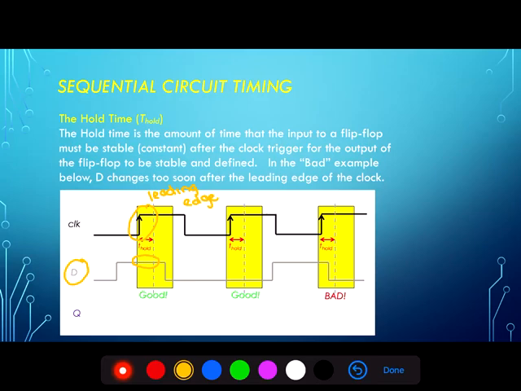In these three examples here, D in the first case is high for a long time after the leading edge, well past the hold time. So this is a good situation. In the second case, D is low for the entire hold time, another good situation. And in the third case here, D goes from high to low before the hold time has expired. So this is a bad situation. And bad means that we're vulnerable to generating an output that's unstable, metastable, or otherwise unknown.